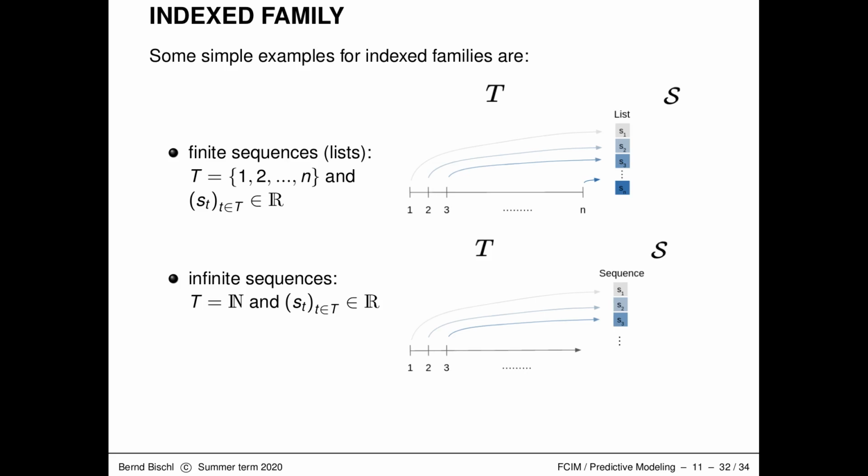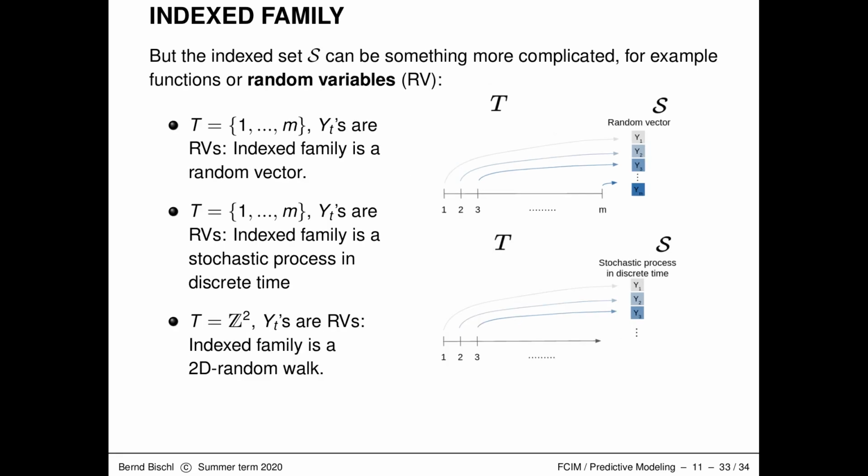And you might have done this before, maybe not. So, for example, I already said if T is finite, that's just a random vector. You could also see this as a stochastic process in discrete time.